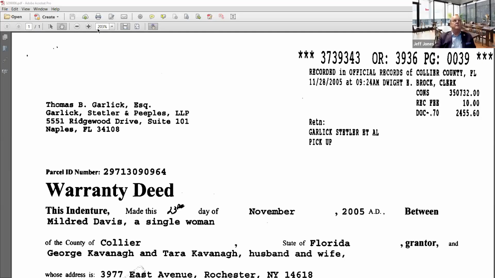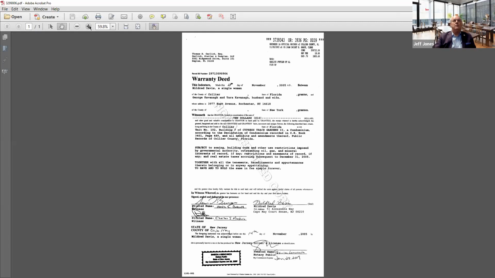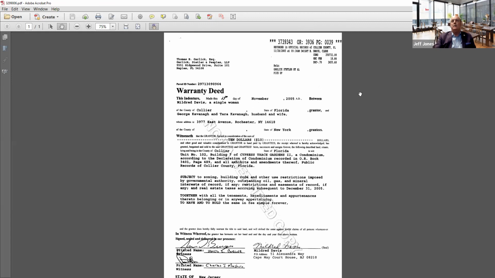Okay, so the deed to the property is going to tell you who the owners are. You can always look at the deed. We actually have a little space in Command when you upload your docs. But this will always tell you George Kavanaugh and Tara Kavanaugh, husband and wife.